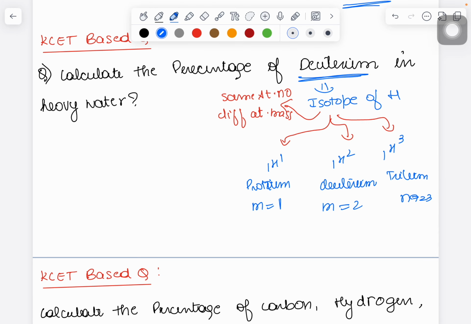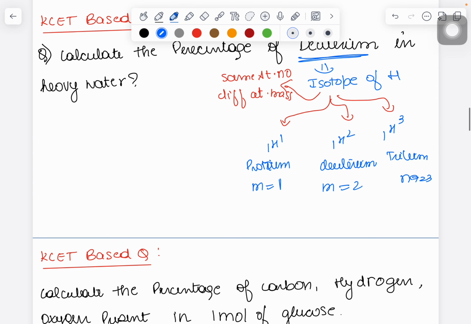They are asking the percentage of deuterium in heavy water. The chemical formula of heavy water is D2O, where D is nothing but deuterium. So let's write the formula.